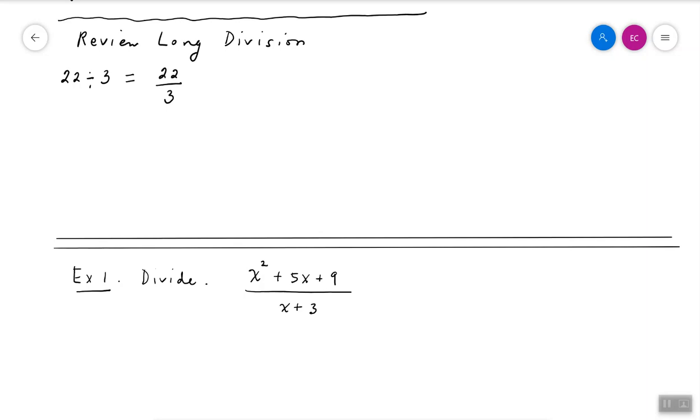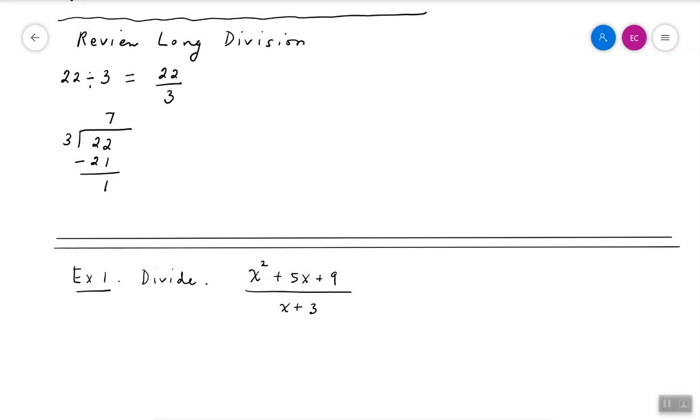And then if we want to work that out, we make a little house and we put 22 inside and we put 3 outside. And then we ask how many times does 3 go into 22, and the answer is 7. And then we multiply 7 times 3 to get 21. We put the 21 underneath the 22, we subtract, and there's 1 left over.